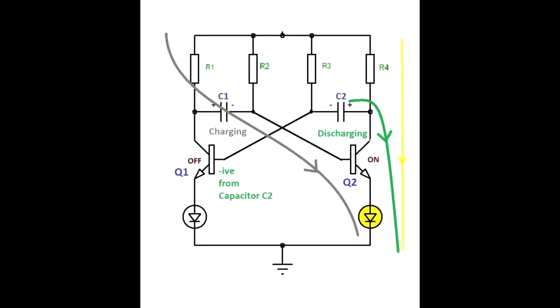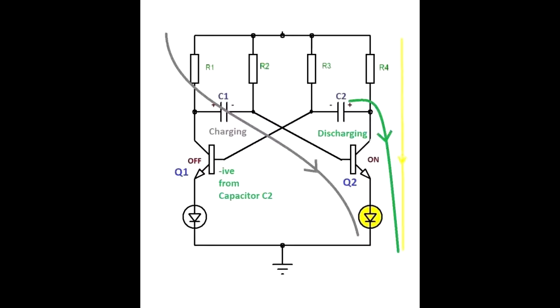Remember that at this moment C2 had been fully charged to VCC minus 0.7 because when Q2 goes to conduction, it connects to ground the positive terminal of C2, while the negative terminal remains attached to the base of Q1. It looks like the capacitor is inverted to Q1.